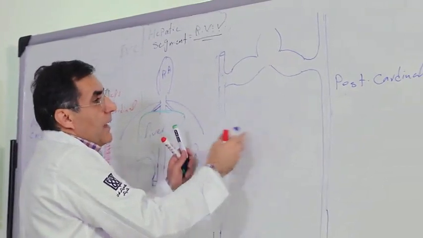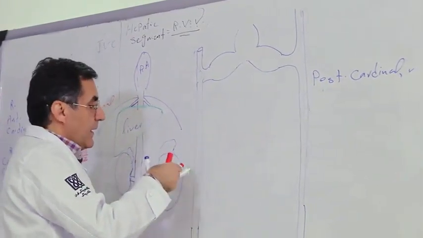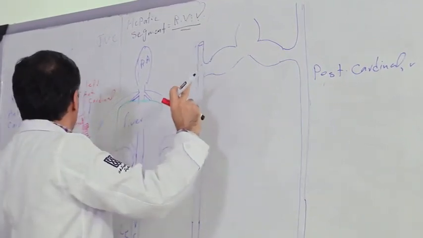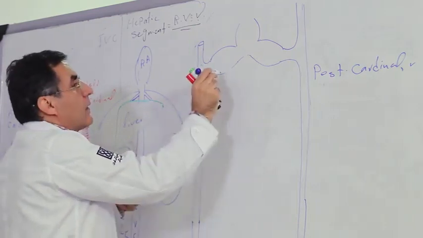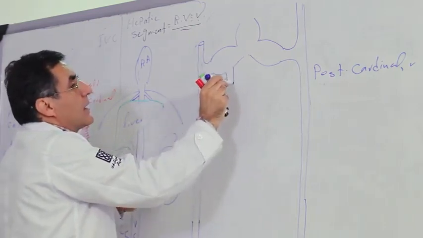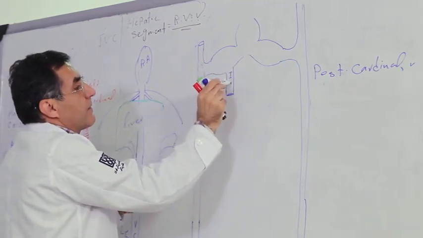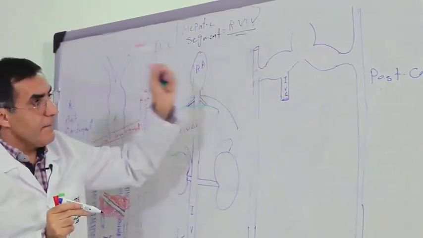I come back to the embryo. At the same time that the veins are forming here, new veins are formed. As you remember, I drew this one, the hepatic segment of the IVC, made by the right vitelline vein.